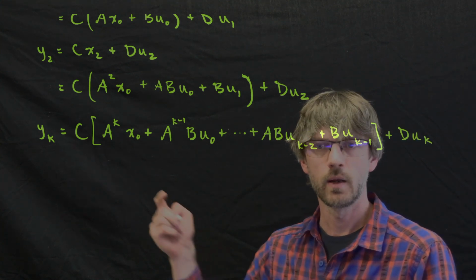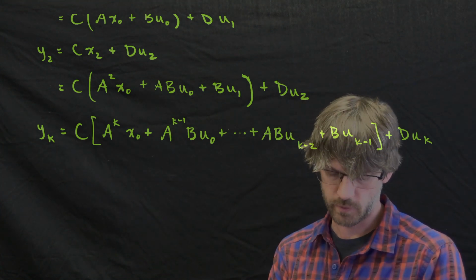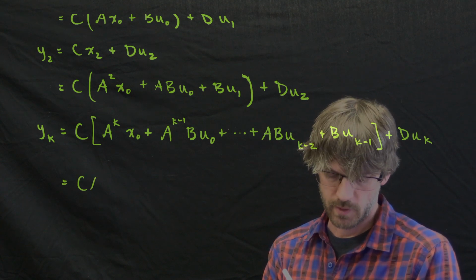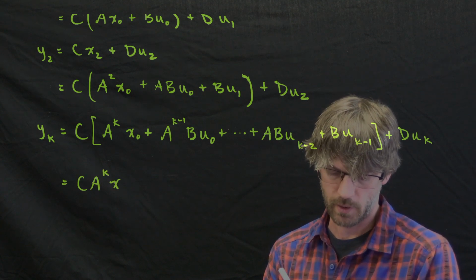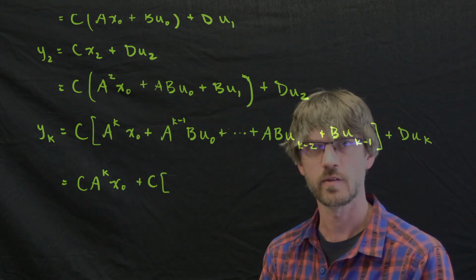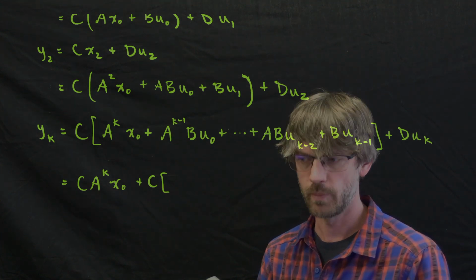Now we can rewrite this term here to be a little bit more informative. So we can simplify this whole thing as c a to the k x0 plus c times, and we'll rewrite this sum of matrix products as a product of 2 block matrices.